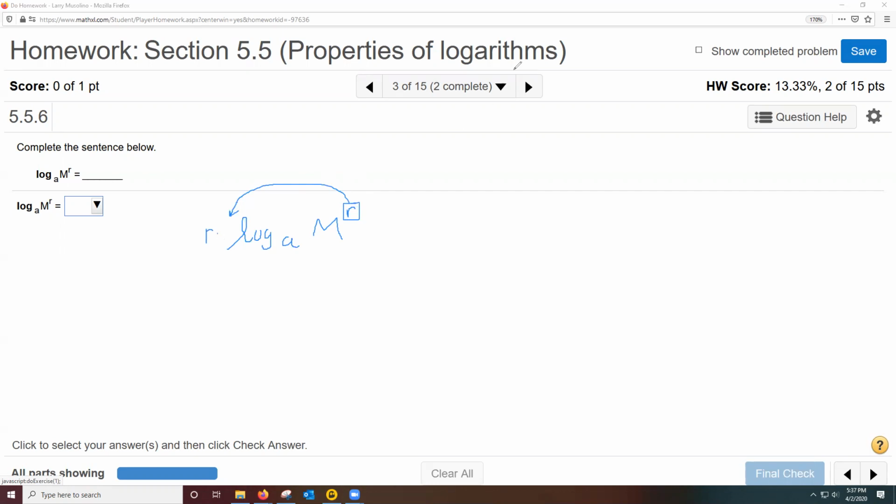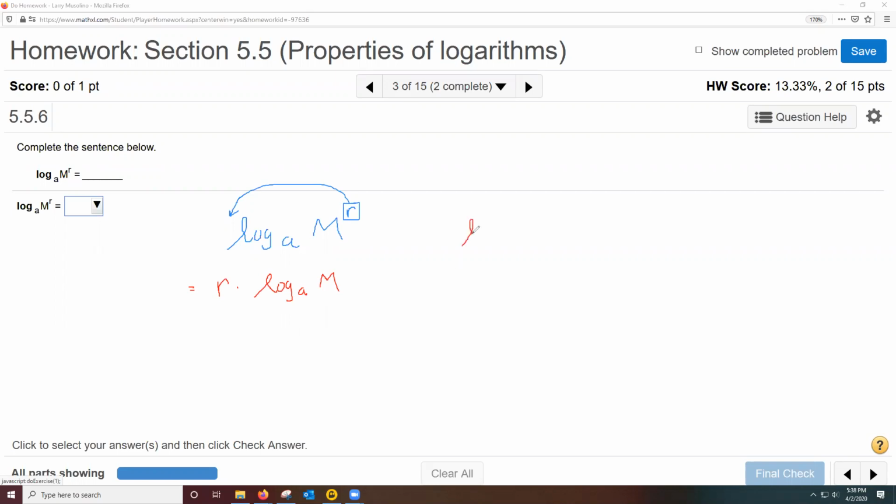So the way I can rewrite this is: it equals r comes down in front as a multiplier, log a of m. So really, this is a good property if you want to eliminate an exponent, because now notice in red, I no longer have an exponent. That exponent comes down in front as a multiplier.